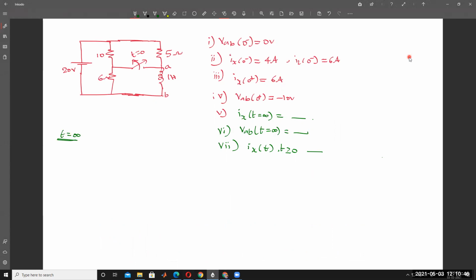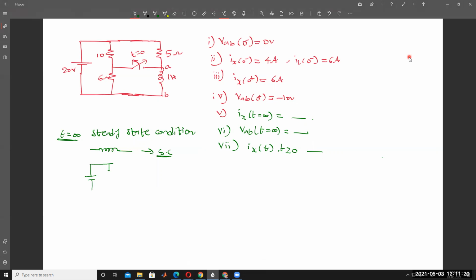Under steady state condition, the inductor acts as a short circuit. Inductor acting as a short circuit, and then the circuit will become like this. At t equals infinity, the circuit will become like this.